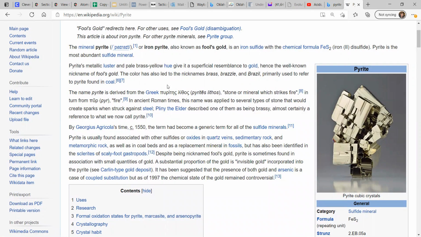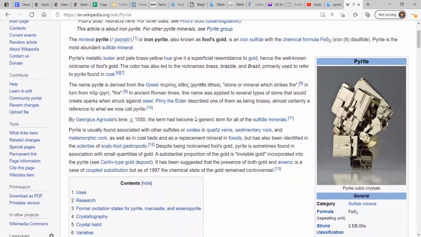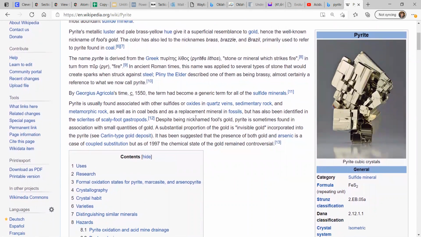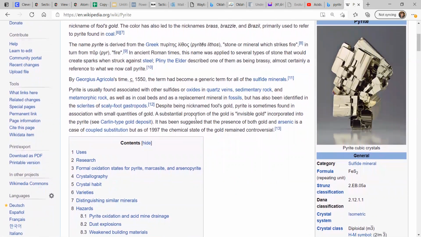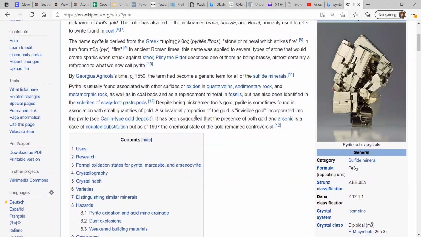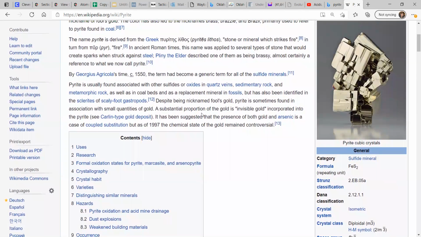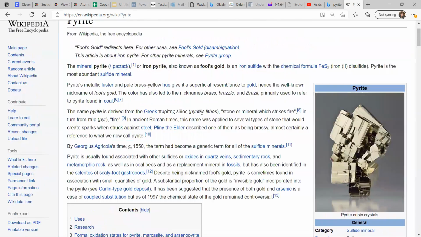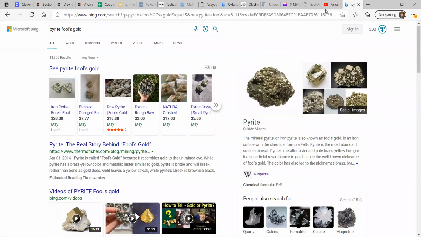It's derived from the Greek stone or mineral which strikes fire. So pyro, think of pyrite. Despite being nicknamed fool's gold, it's sometimes found in association with small quantities of gold. So it's not always fool's gold if it shows up by gold. But yeah, anyway, interesting, fun fact.